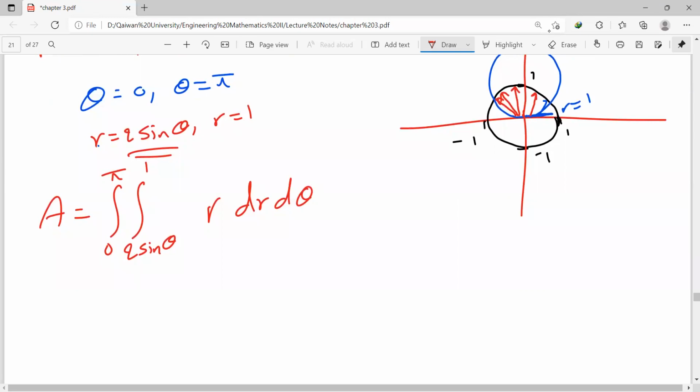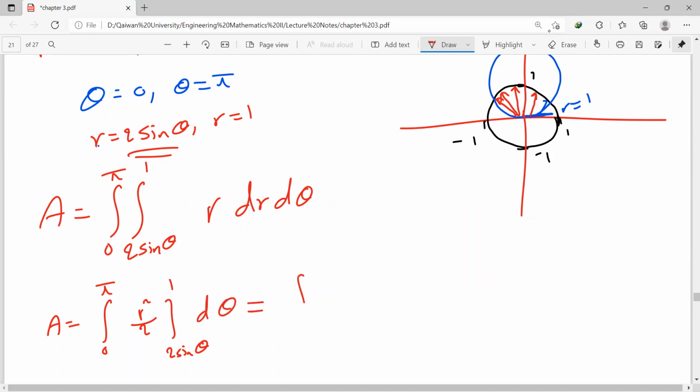First, we take the integration with respect to r. We get A equals the integration from 0 to pi of r squared over 2 from 2 sine theta to 1, d theta.